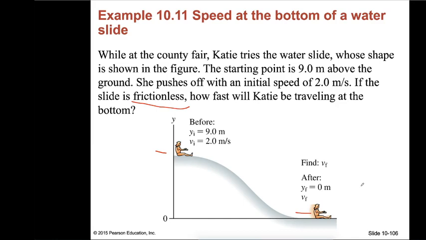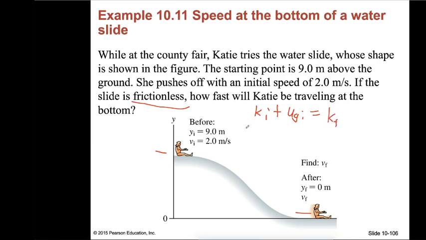So can you calculate the initial total energy? Because the initial total energy should equal the final total energy. For the initial total energy, it has kinetic energy. It also has some gravitational potential energy. For the final energy, it has only kinetic energy.